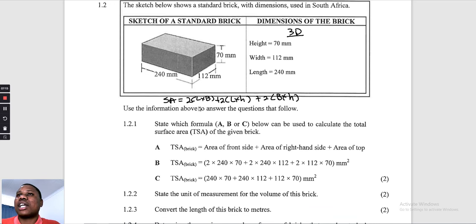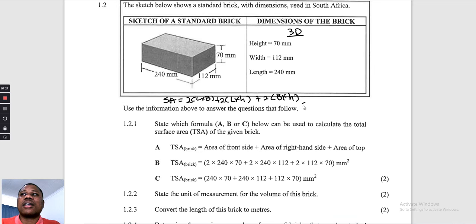Okay, let's check. Our length is 240, so we're gonna have 240, then we're gonna have 2 here. How can I write this in a nicer way? Let me not write on top of this width. Let me write here on a side.